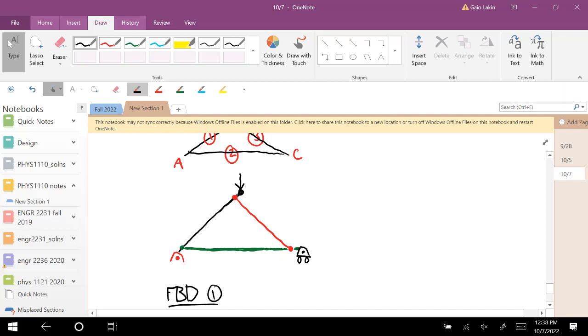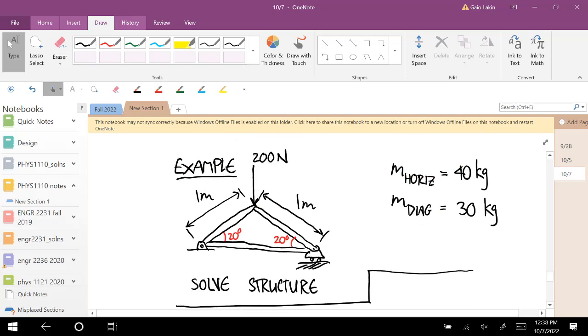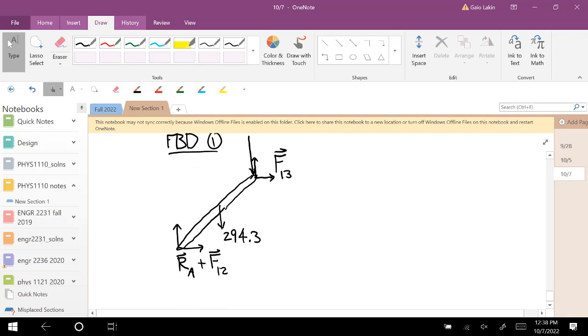So that's the force on 1 by 3. And then there's the downward force of 200. So now we can write out the table.